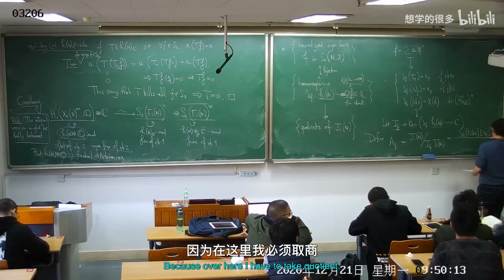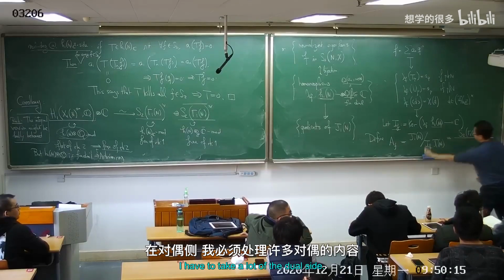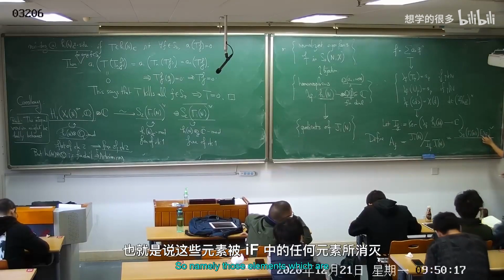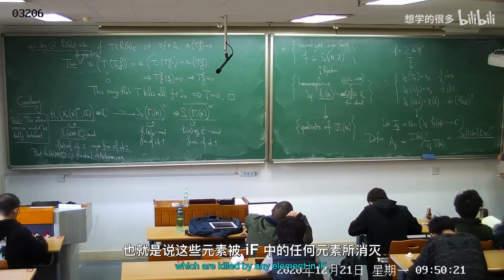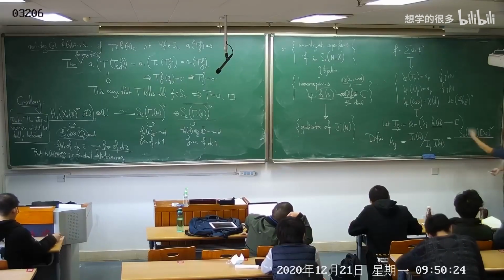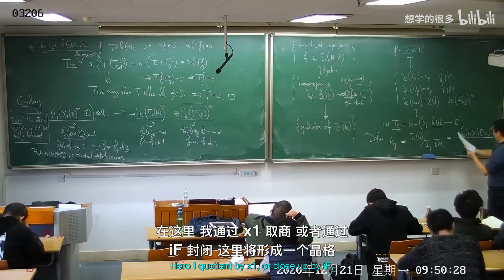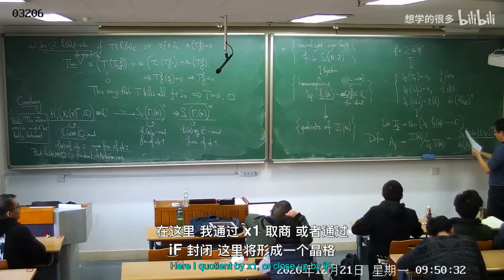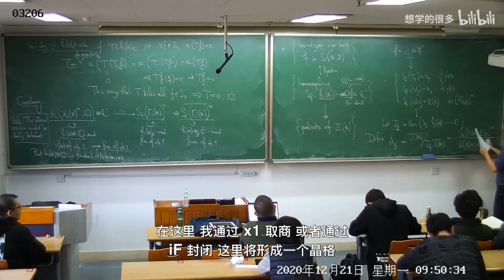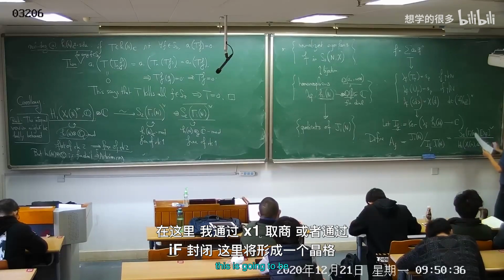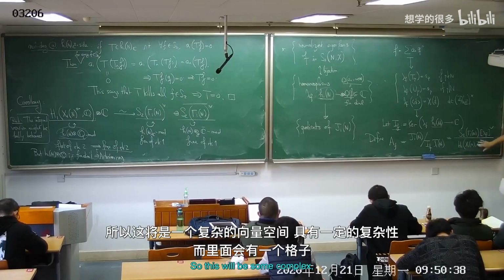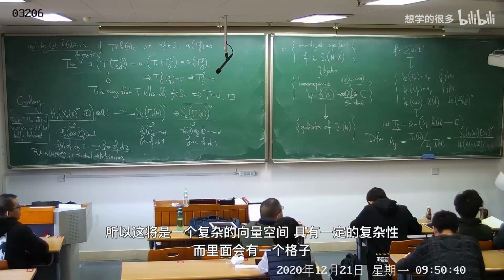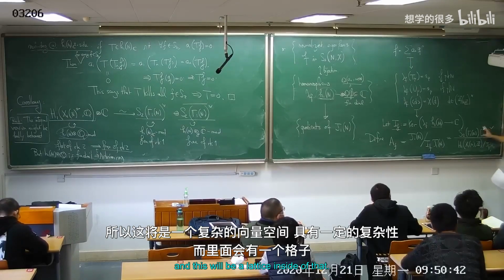Over here I have to take a quotient; on the dual side I have to take the λ_f kernel, namely those elements which are killed by any element in I_f. Here I quotient by I_f H1. So this is going to be a lattice inside of here. This will be some complex vector space, and this will be a lattice inside of that.